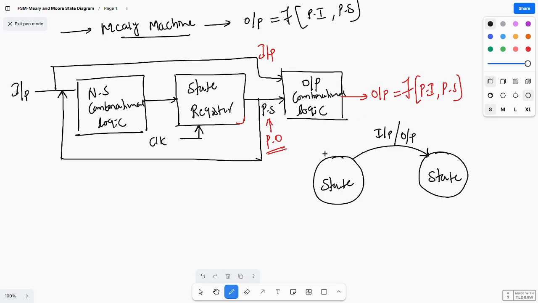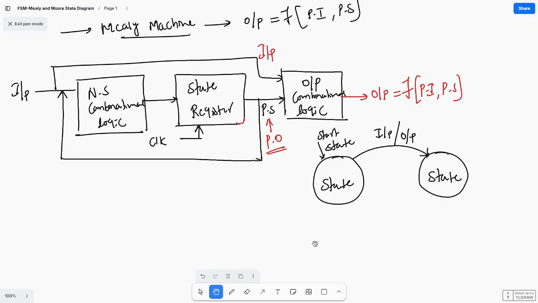This is the start state or reset state. So this is about the Mealy machine: the output depends on the present input as well as the present state. Okay, this is the Mealy state. Shall I move forward?